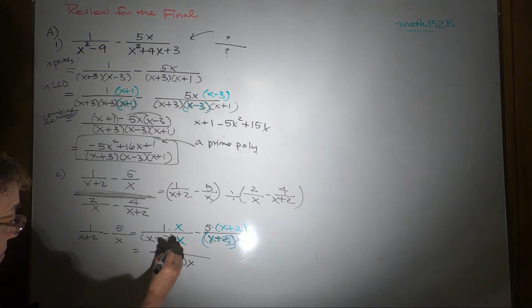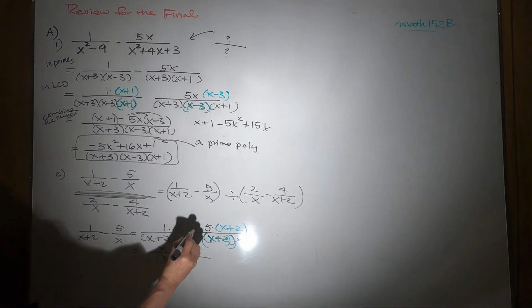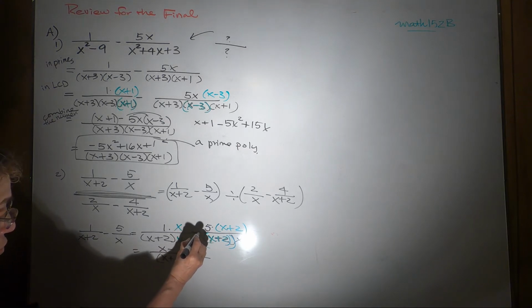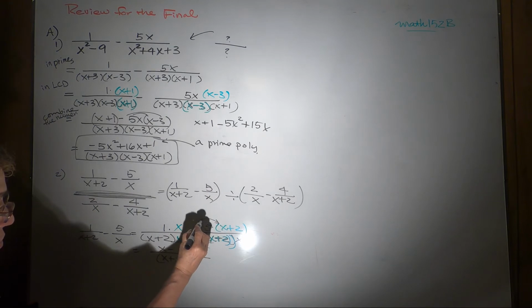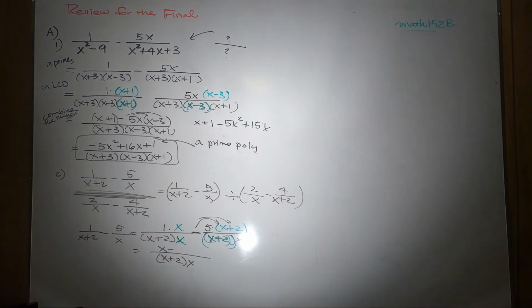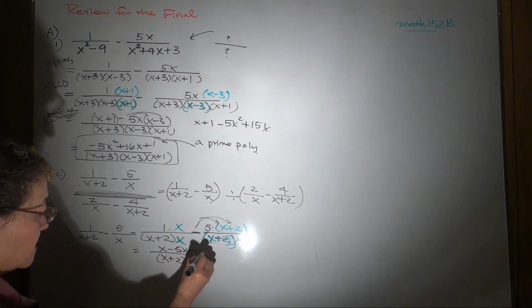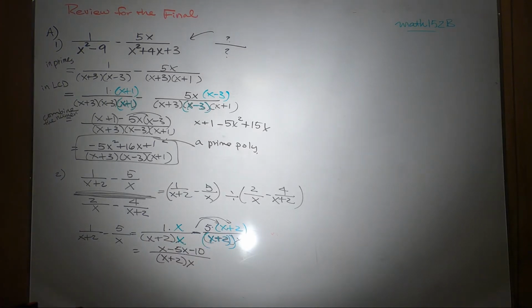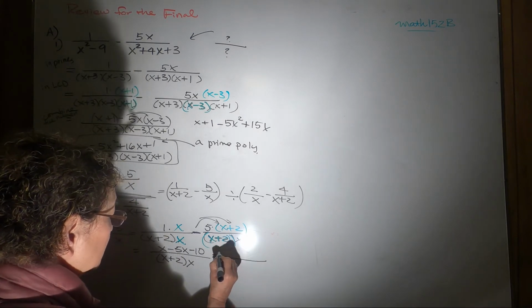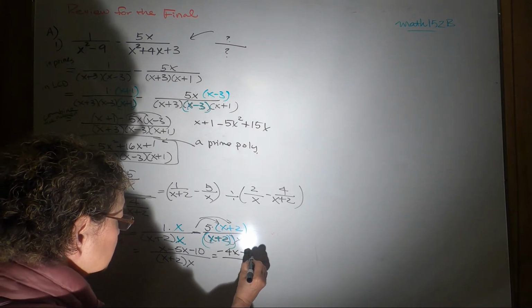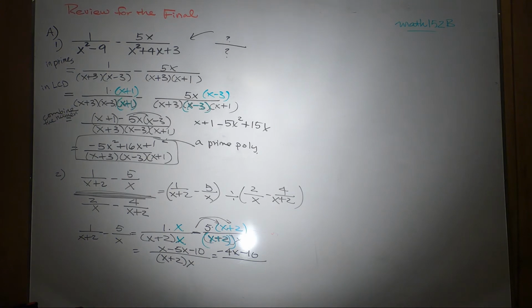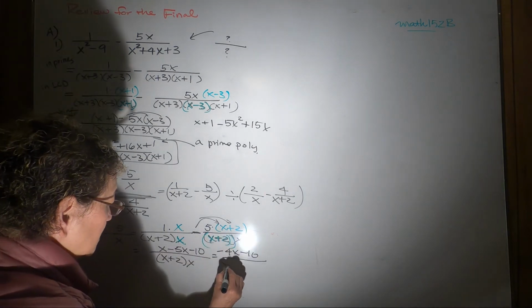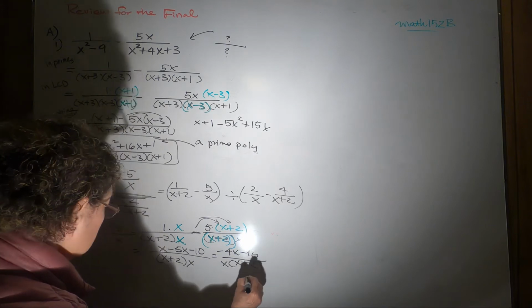Here would be x minus, right? If you do it directly, don't forget your negative sign. You have to distribute for both of them, and it will be 5x minus 10. Is that right? So what do we have here? That would be negative 4x minus 10, right? Then the denominator would be this.